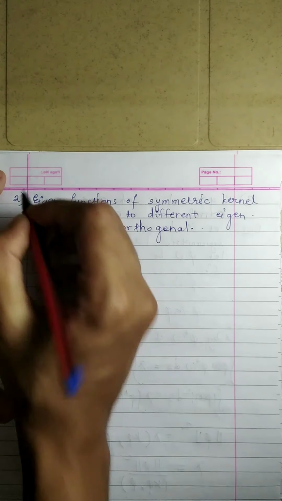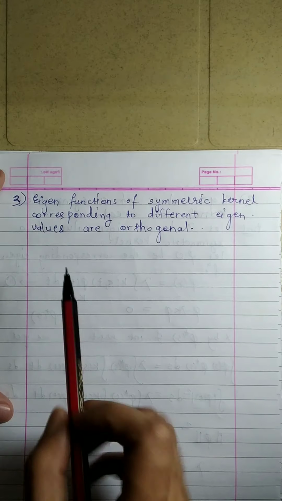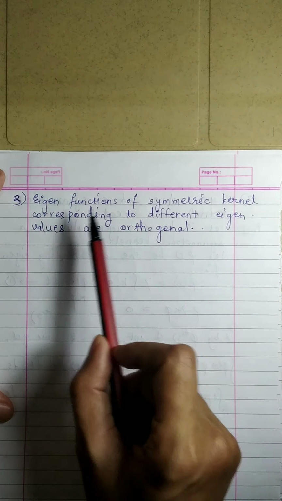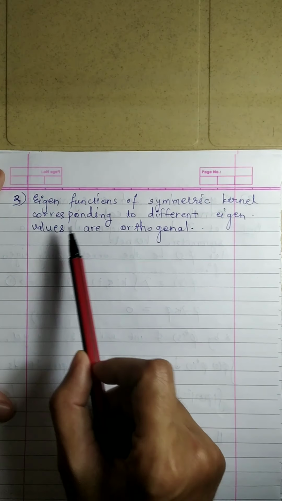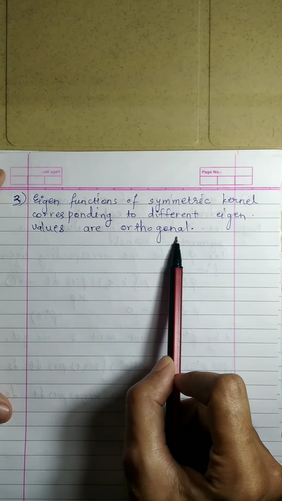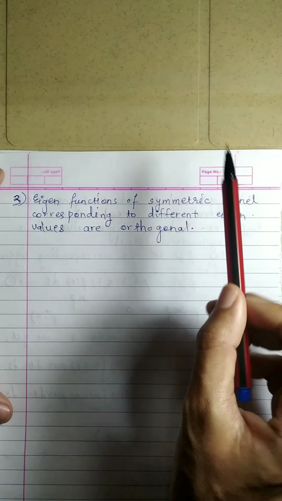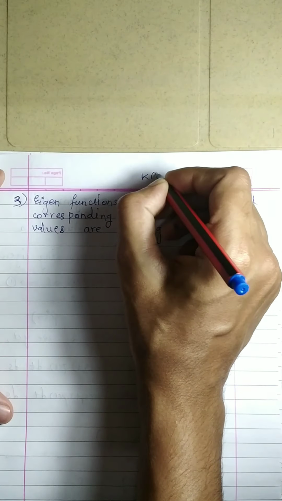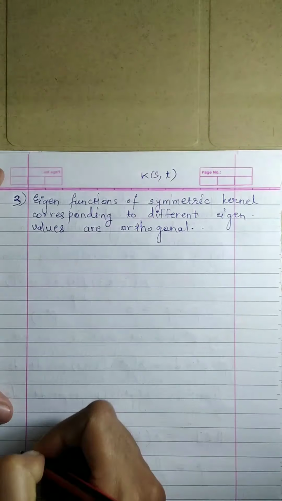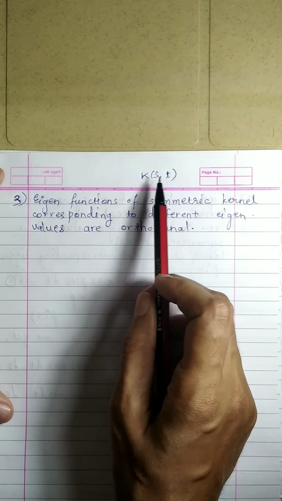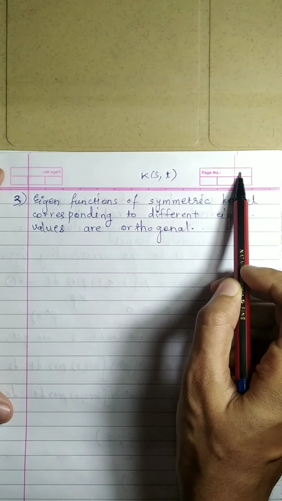Now let us look at the third property, that is, eigenfunctions of a symmetric kernel corresponding to different eigenvalues are orthogonal. Suppose we have a symmetric kernel K(x, t), or maybe I may use this terminology K(s, t). If this is a symmetric kernel, then corresponding to that we will have some eigenvalues.